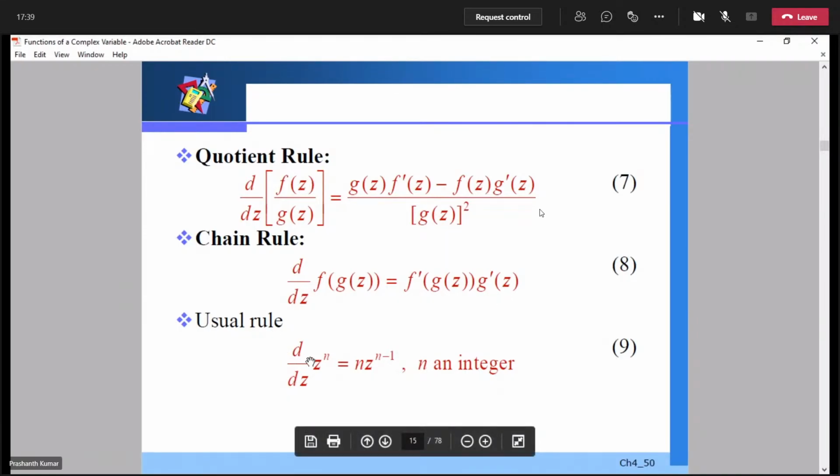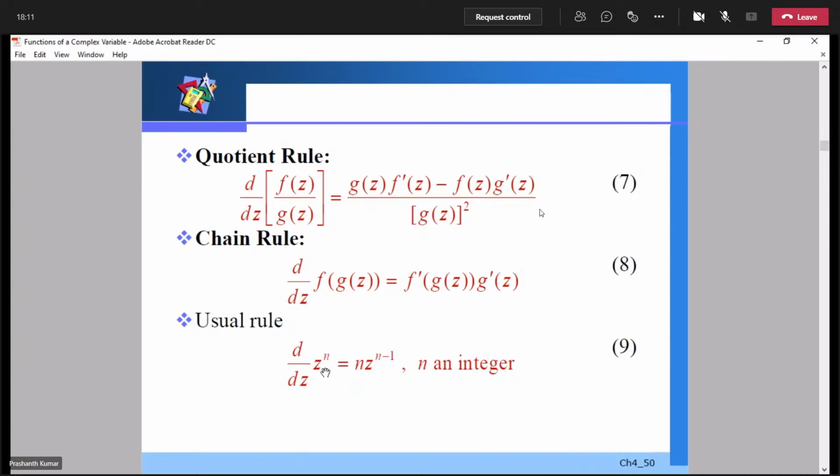Usual rule, this is z to the power of n. If you have x to the power of n in the real functions, it is the same thing, but x is a variable in the real functions, whereas in the complex functions the variable z contains two variables x and y, one the real variable and the other the imaginary variable iy.